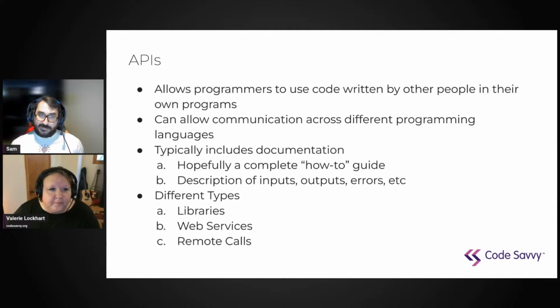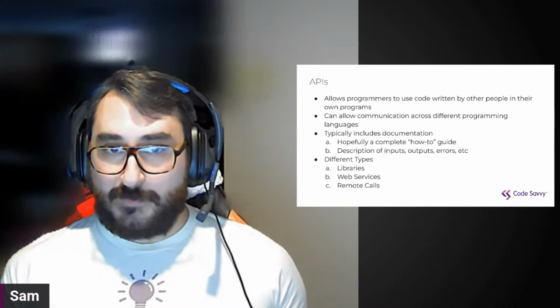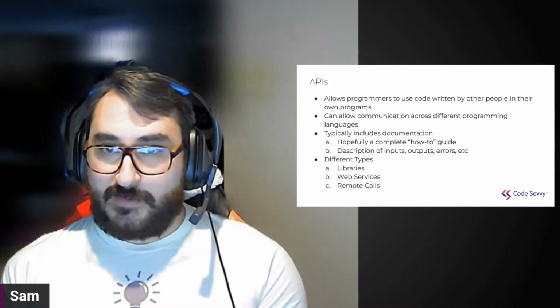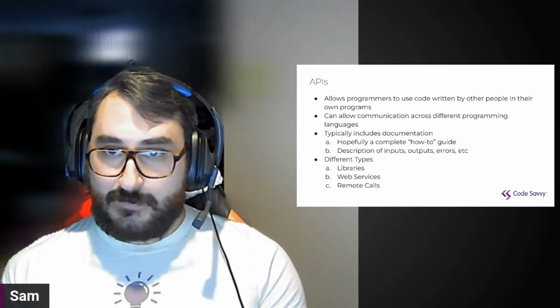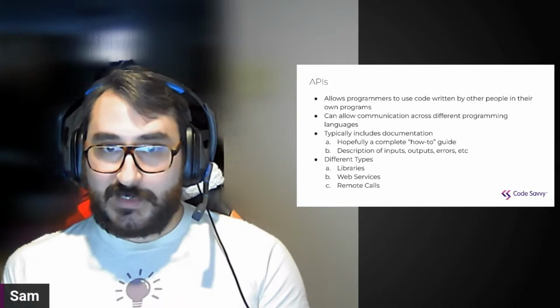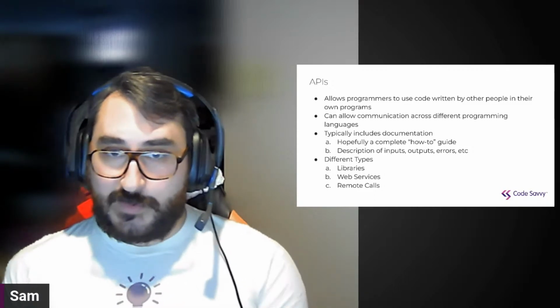Whereas a programming language like JavaScript might not have access to those internals, but might need access to them. So using different APIs, you can get access to those processes using your language of choice.